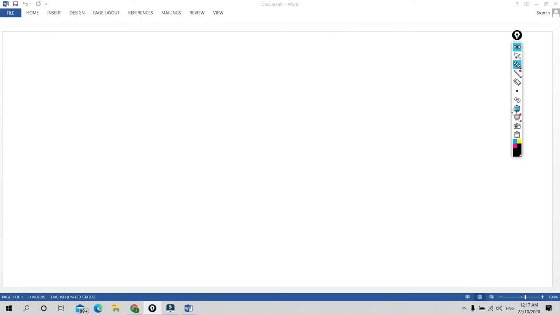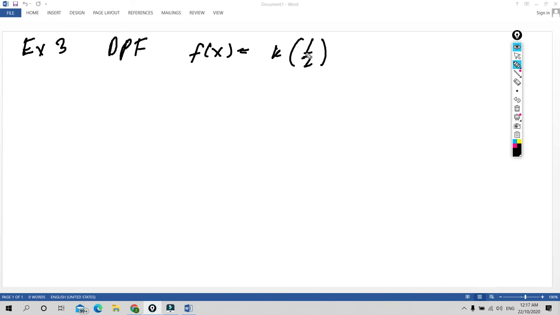Now, one more example. Example number 3: given that the discrete probability function is given as f(x) equal to k times (1/2) to the power of x, where x is equal to 1, 2, and 3.